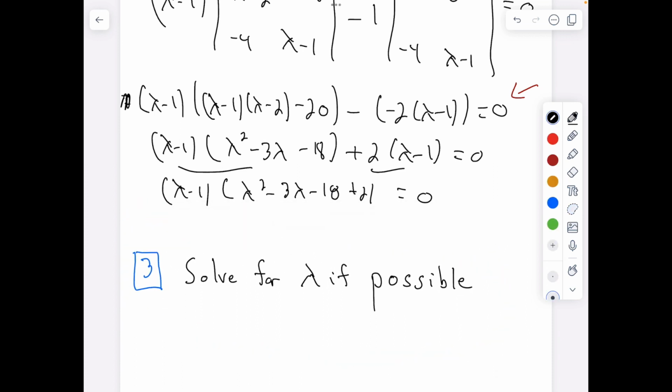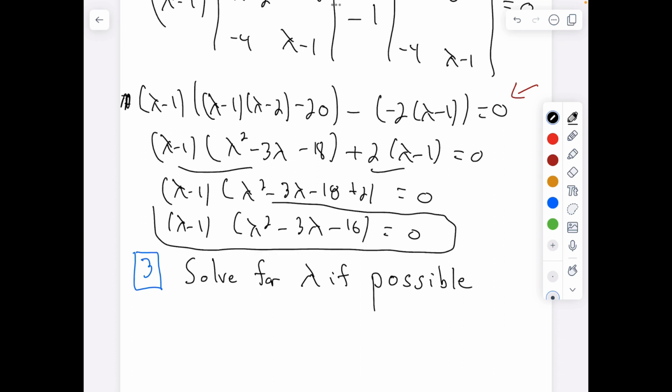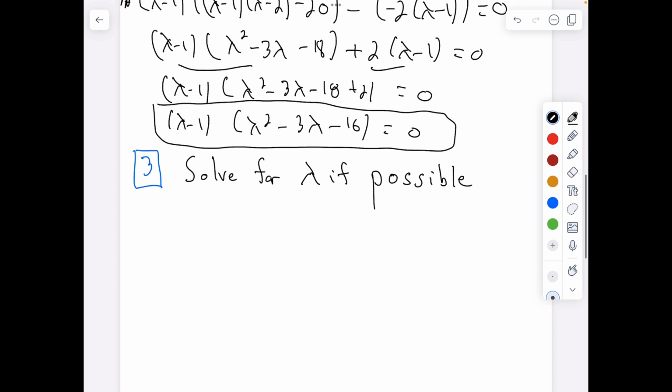One more step here. That lambda squared minus 3 lambda minus 18 plus 2 becomes lambda squared minus 3 lambda minus 16. And that's your equation. The next step is to solve for lambda. With this nice factored form, we can set each factor equal to 0 and solve.